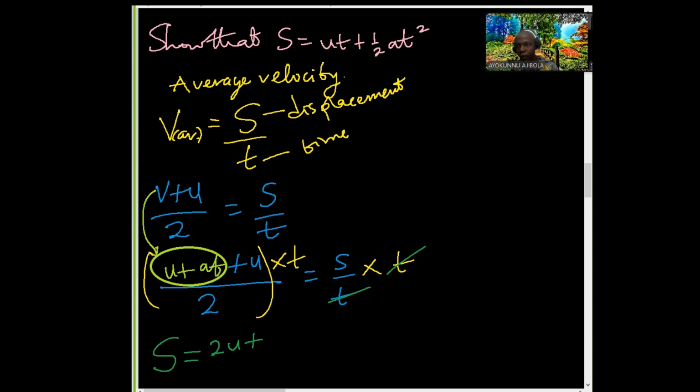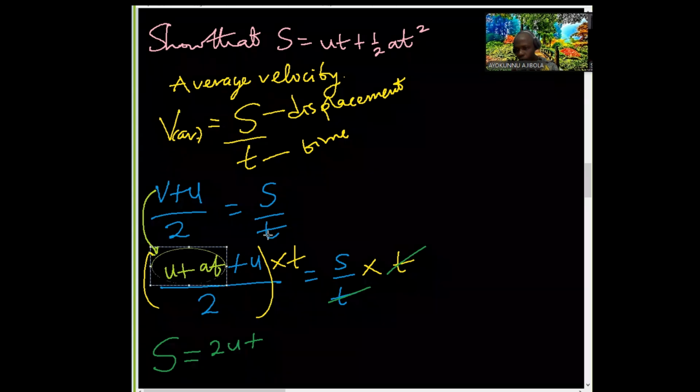Let me remove that green circle so that you can know there is no bracket. I only used it to refer to the v above, okay?